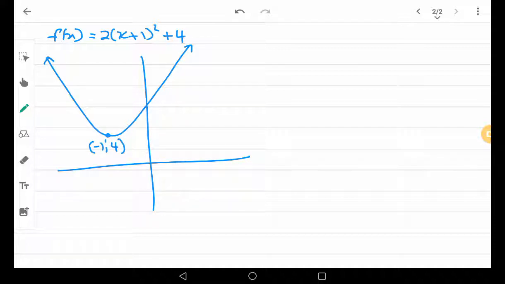Minus 1 and 4. We have 0 and 6. So what is the nature of roots for this graph? Discuss the nature of roots.